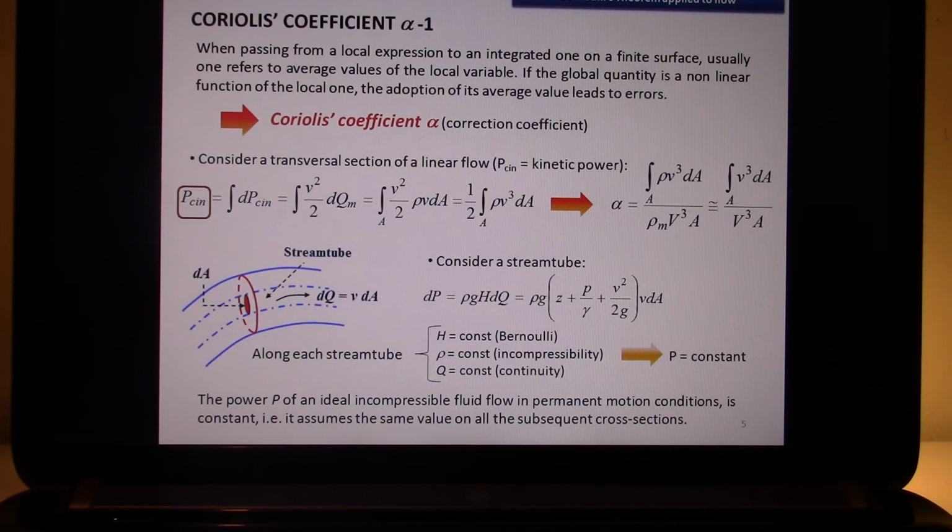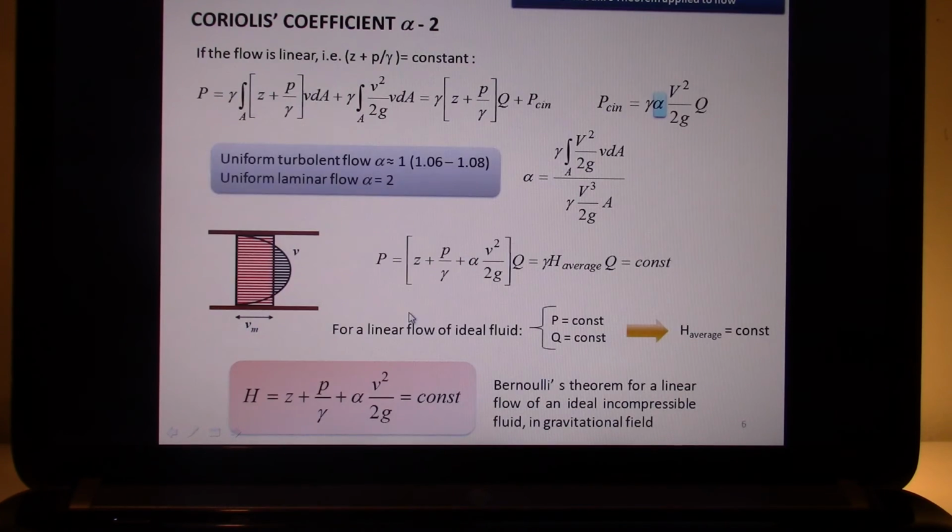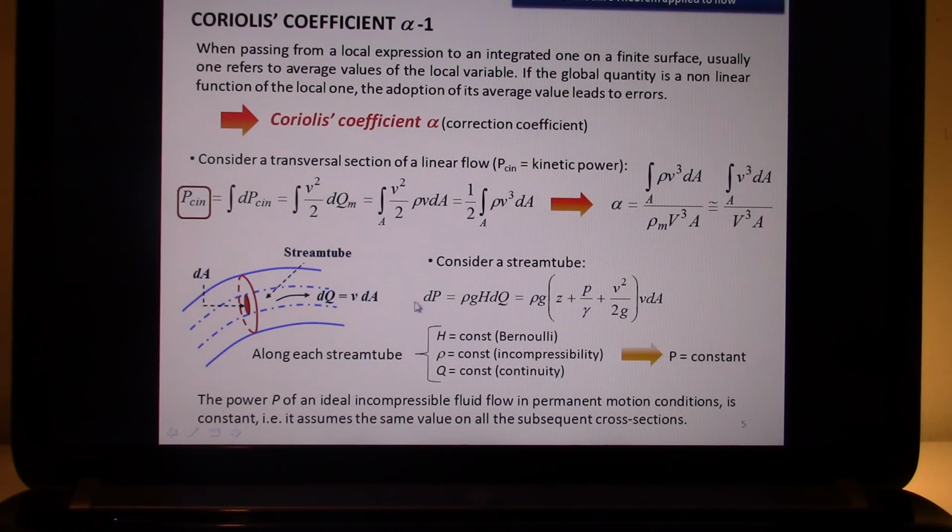Under this assumption, the dp associated with the stream tube, and hence the total power, remains constant. So the power P of an ideal incompressible fluid flow in permanent motion condition is constant, which means that it assumes the same value on all the subsequent cross-sections.